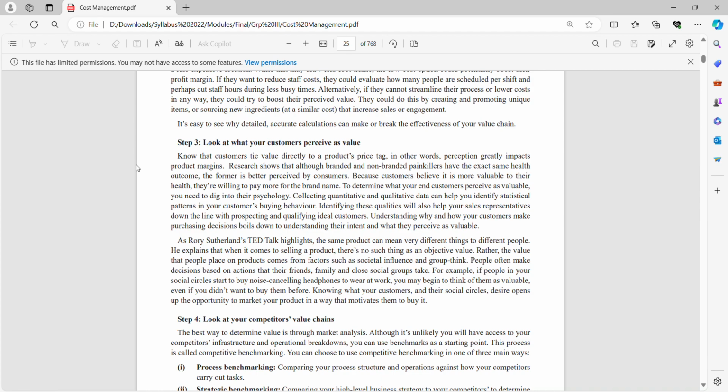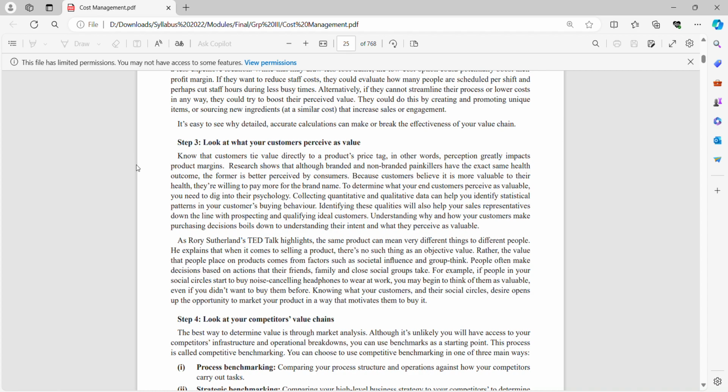To determine what your end customers perceive as valuable, you need to dig into their psychology. Collecting quantitative and qualitative data can help you identify statistical patterns in your customers' buying behavior. Identifying these qualities will also help your sales representatives down the line with prospecting and qualifying ideal customers.